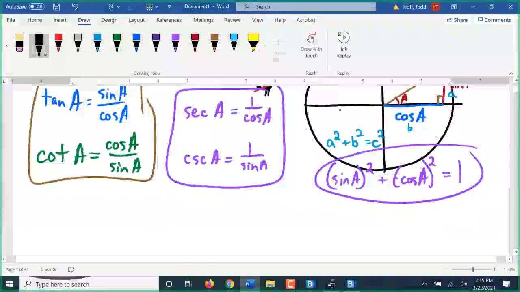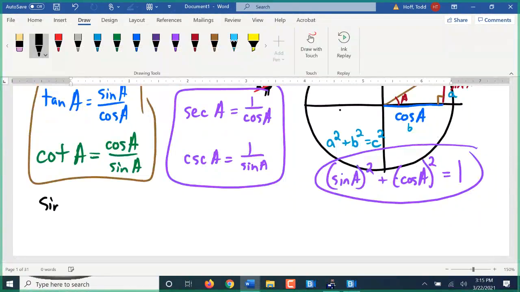But this information I just put out here, if I tell you that the sine of angle M is 0.8, you can find all the other trig functions.